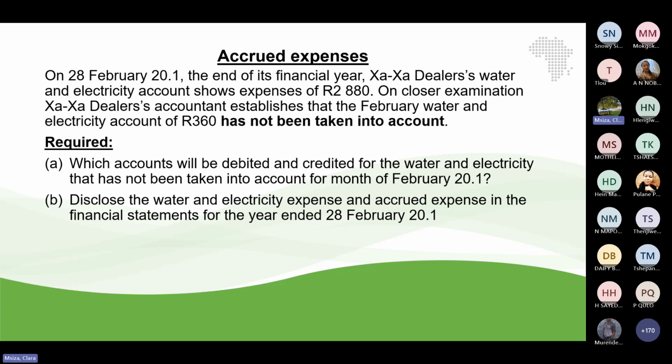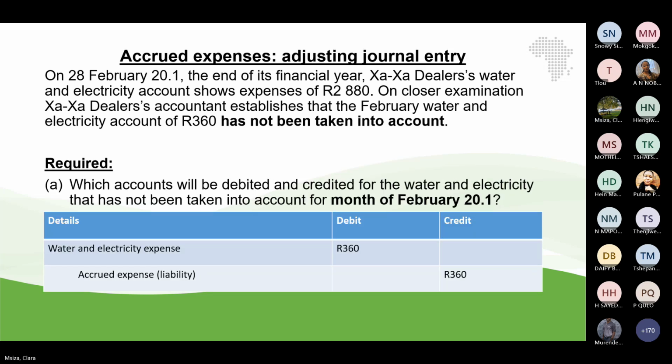So we will do first the required: which account will be debited and credited for water and electricity that has not been taken into account for the month of February 20.1.